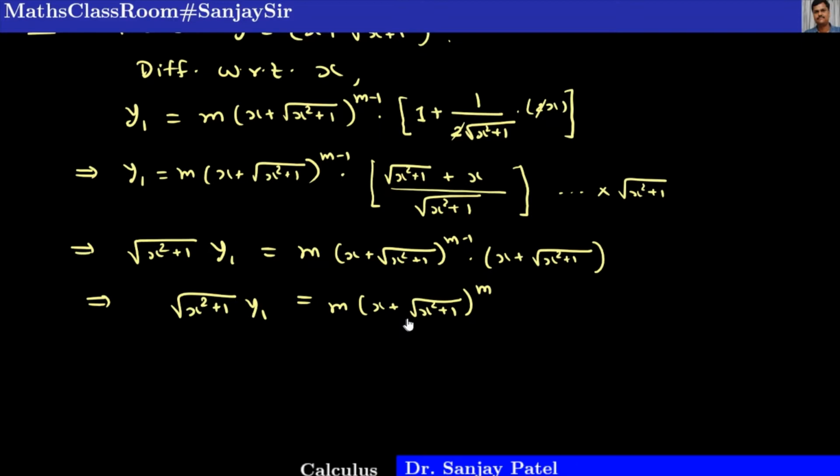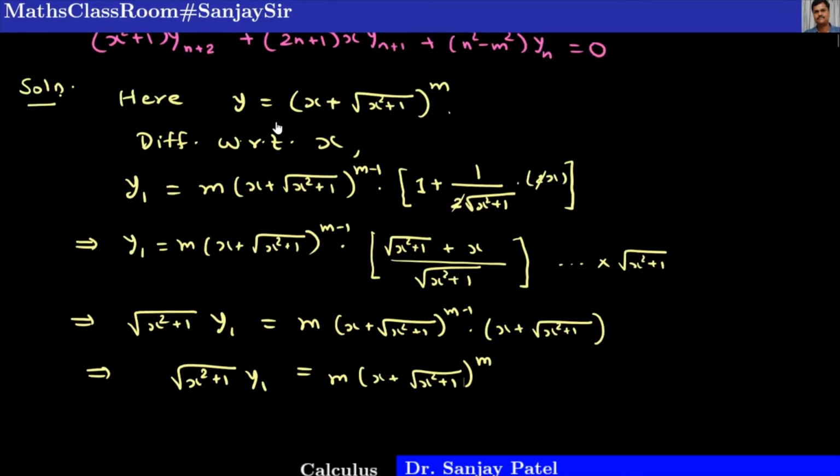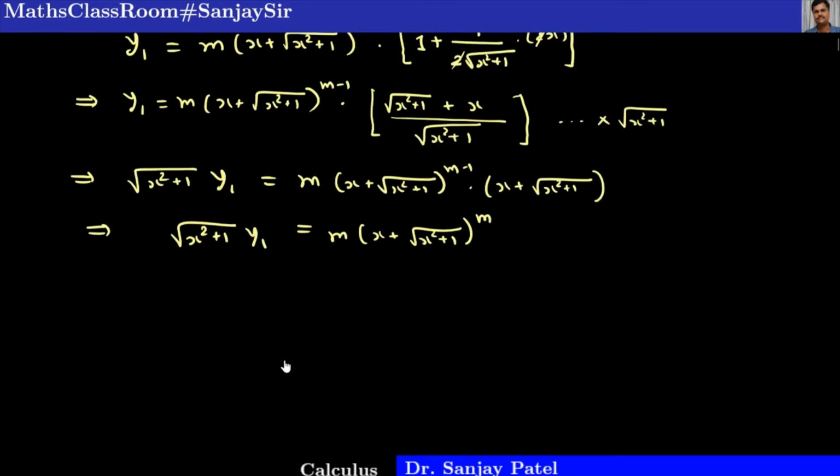But this term is nothing but our function y. As you can see, we started with the function y is equal to (x plus square root of x square plus 1) raised to m. So I can replace this by y, and what I get is an important step: square root of x square plus 1 into y1 is equal to m into y.